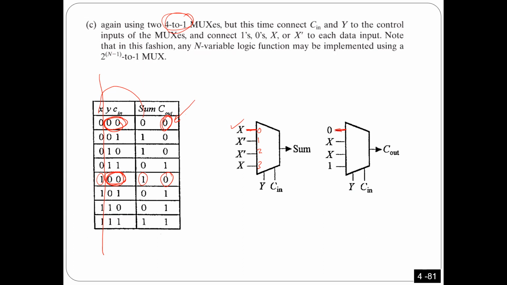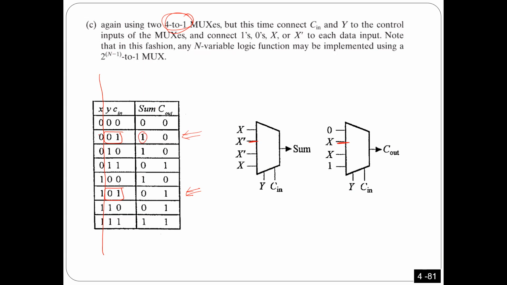Any questions? Okay, let's look at the second case. This is when the input is number 1. So for these two entries, the output is connected to number 1. Let's see what is the relation between X and sum.